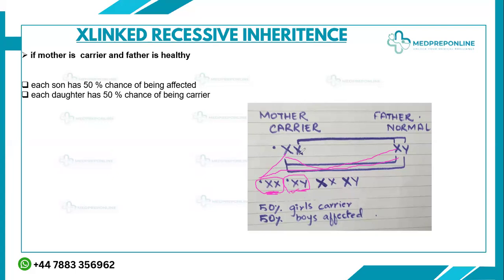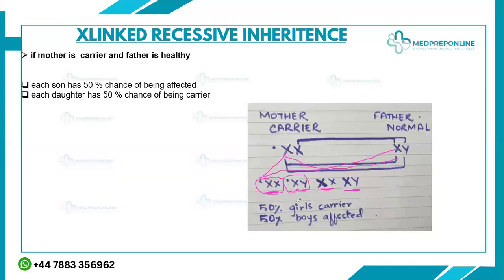Then we have another XX, so XX will form XX and XY will form XY. In X-linked we talk about how much percentage of girls are affected and how much percentage of boys are affected. So two girls are there and two boys are there. Between the two girls, one is a carrier, because females always remain carriers in X-linked disorders, and from the two males only one is affected.